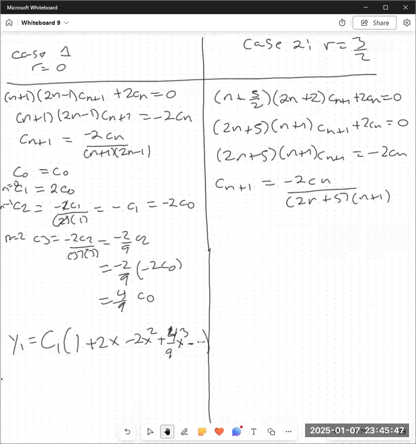And c0 is going to be c0 again. When n equals 0, c1 is equal to -2c0 over 5.